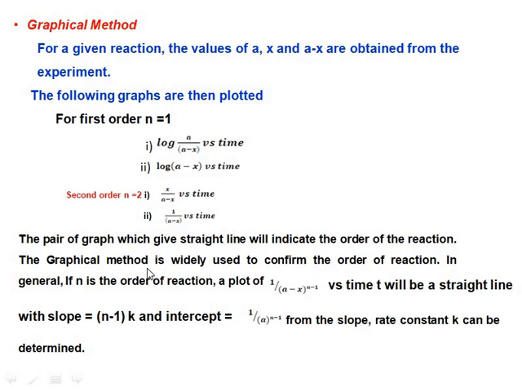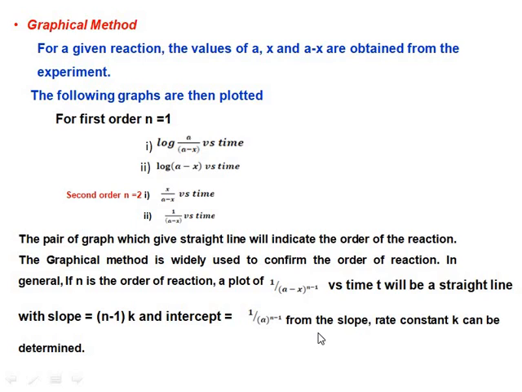The graphical method is widely used to confirm the order of reactions. In general, if n is the order of reaction, the plot of 1 upon a minus x raised to n minus 1 versus time t will also be a straight line, having slope equal to n minus 1 into k, and intercept 1 upon a raised to n minus 1.